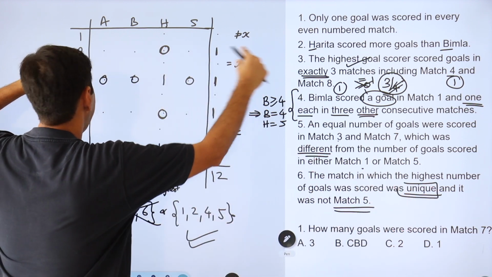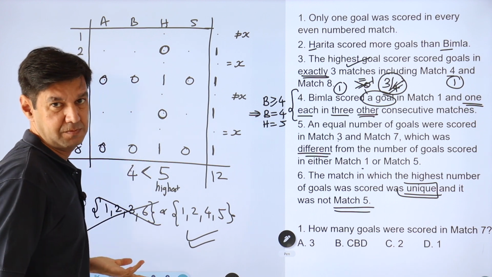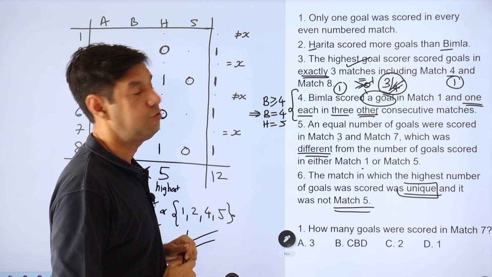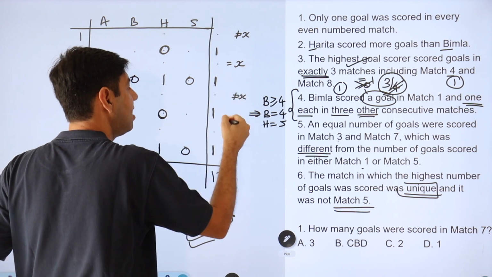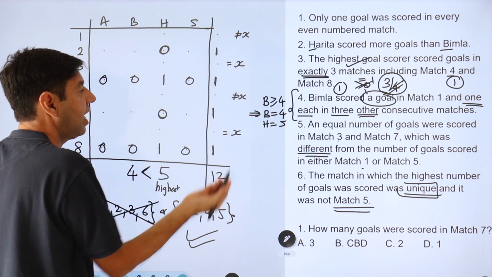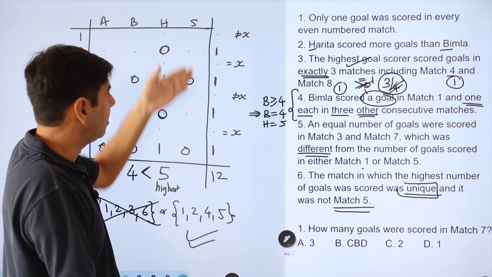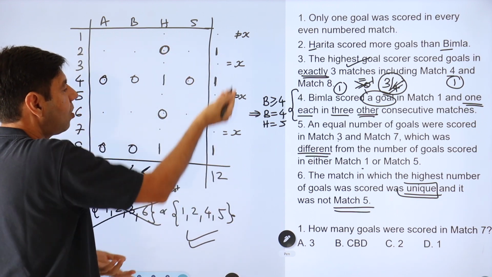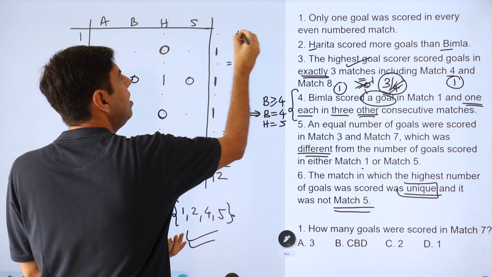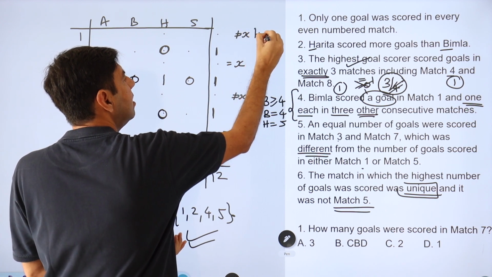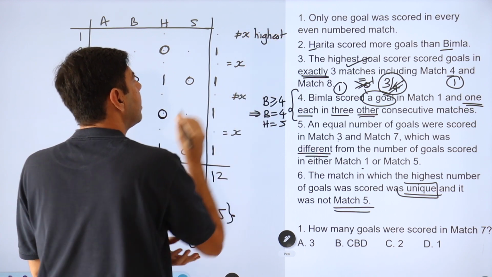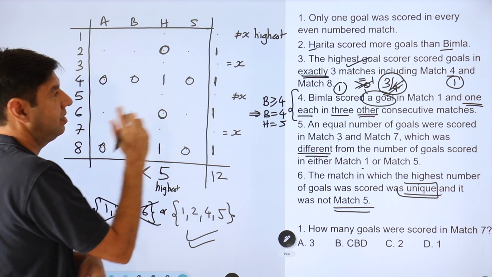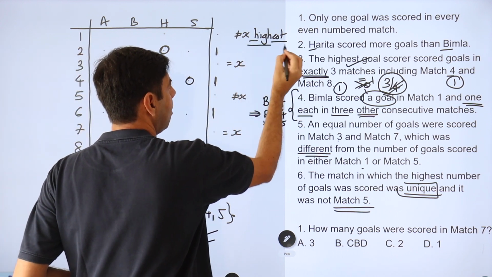So it cannot be 3 or 7, because 3 and 7 share the same total. But this says unique. So it can't be this, can't be this, can't be this. Very unlikely that 1 is the highest, because if 1 is the highest, it's not unique, right? So what is left for the highest? This is the only one which is the highest. There is no other which is the highest. So this row has to be the highest. Okay. So far, repeat that logic in your own mind.